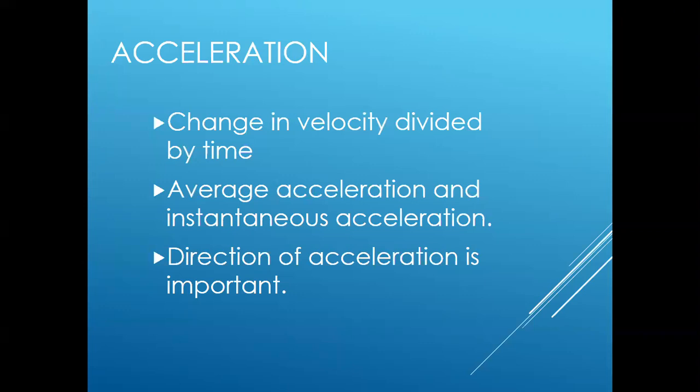So again, we can look at average, or we can look at instantaneous, which is truly just a very small time frame for calculation. And it is a vector because we're using velocity, which uses displacement. So we do need to take into account the direction when we're talking about acceleration.